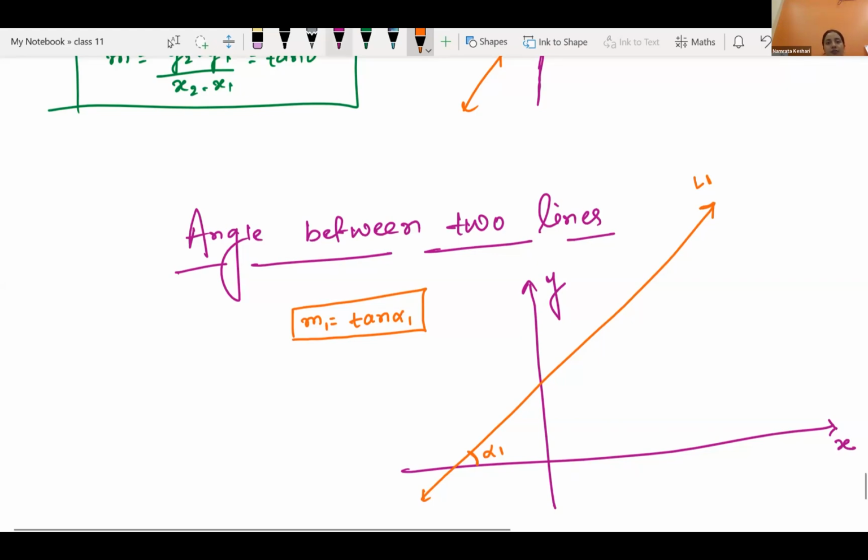Now, if we have another line, let's say L2. I'm talking about an intersecting line, hence the angle between two lines.